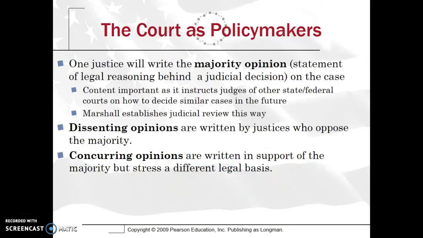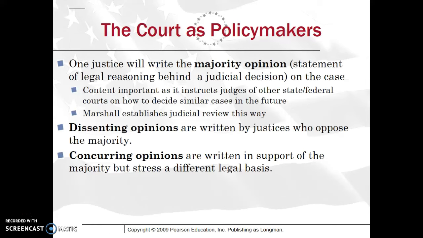And ultimately, one justice will write the majority opinion, which is a statement of legal reasoning behind a judicial decision. So content is very, very important because it's going to be setting a precedent for other federal courts and state courts as to how to decide similar issues, should that reach them.